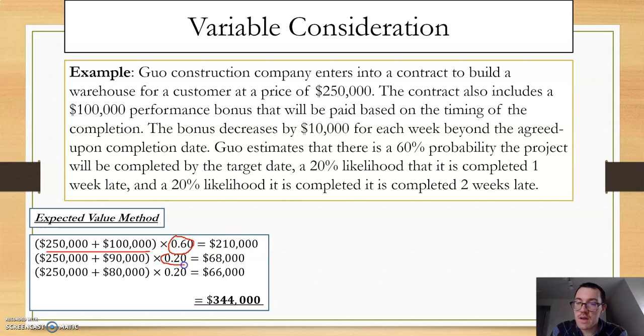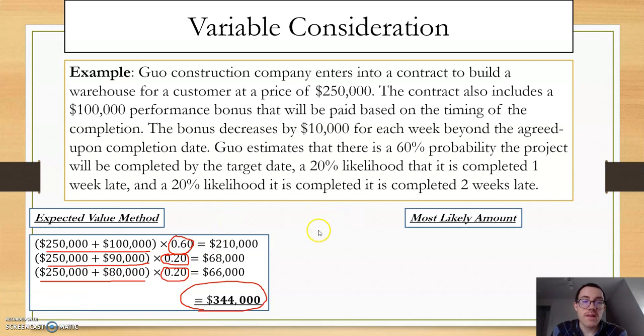Another 20% of the time, we're only going to get 340. Remember, our bonus will be reduced. And the last scenario, Guo thinks that 20% of the time, they'll be 2 weeks late. So you only get 330. Multiply them together, add them up, and the amount of revenue you're going to recognize is 344.